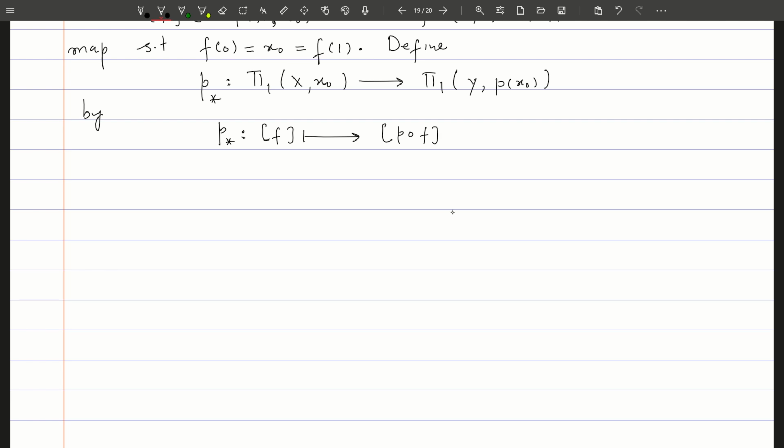So note that the map P composite with f is, first of all, continuous. This P composite with f is a map from the interval 0 1 to Y. Since f is continuous and P is continuous, the composition map is continuous.